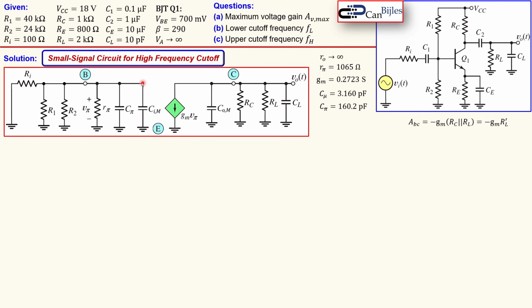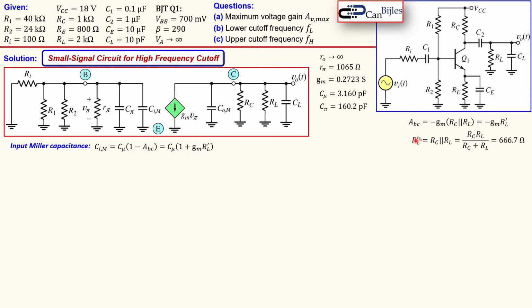That is more convenient, so we don't have this feedback capacitor anymore. So we have these two capacitors now here, which is convenient because now you can take them together. So for the input Miller capacitance, we can now calculate how much this is. It is C mu, and we know what the gain ABC is, because A sub BC can be calculated using this formula, which is minus GM times the RL prime, which in this case, minus minus will be a plus.